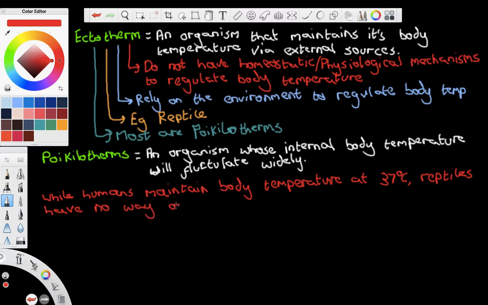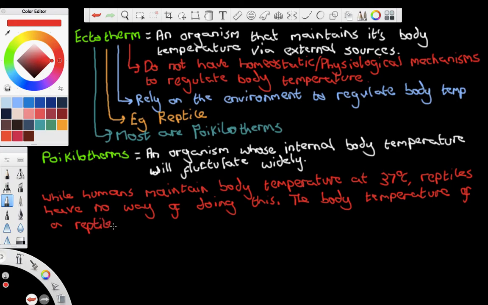The body temperature of a reptile will match that of the environment it is in.